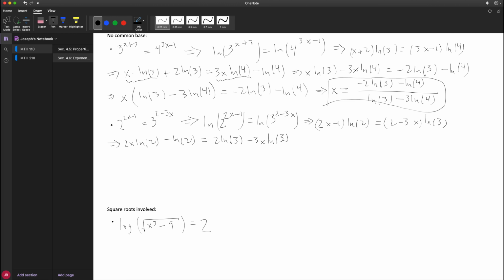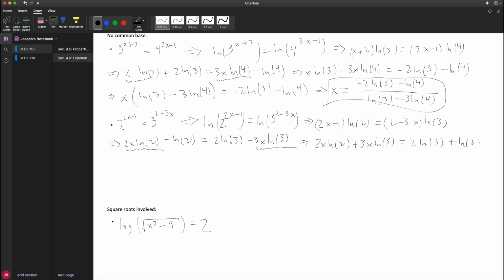Let's get this term with x and this term with x on the same side of the equal sign. So I'm just going to add it over and then add the ln of 2 to the other side. So what this gets me is 2x ln of 2 plus 3x ln of 3 equals 2 ln of 3 plus ln of 2.